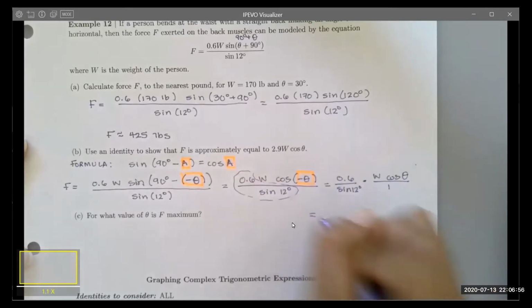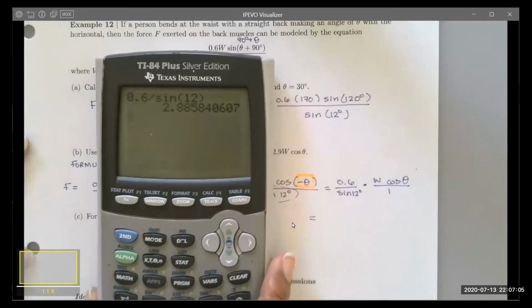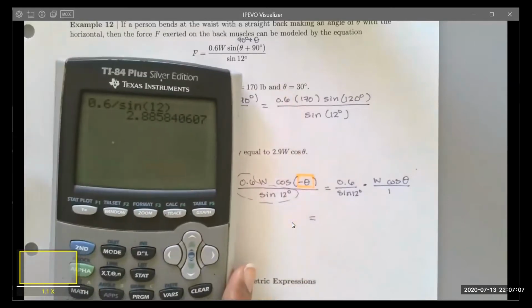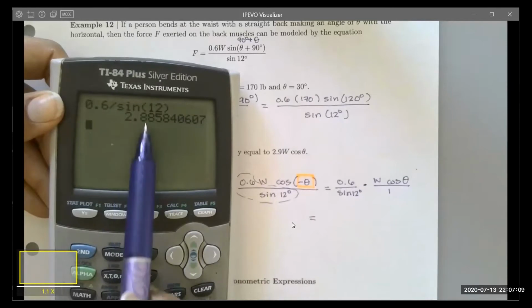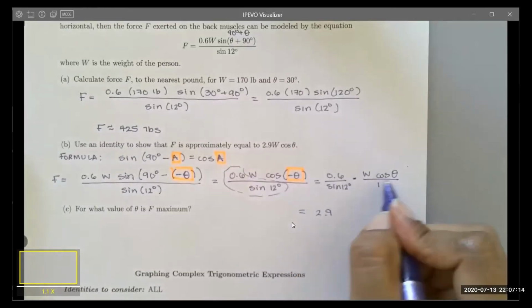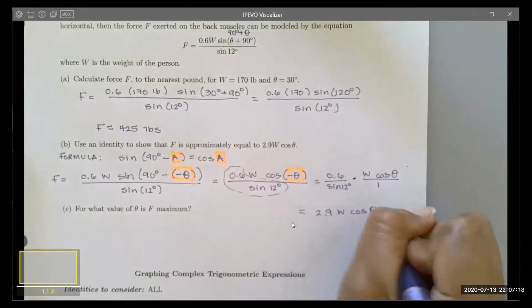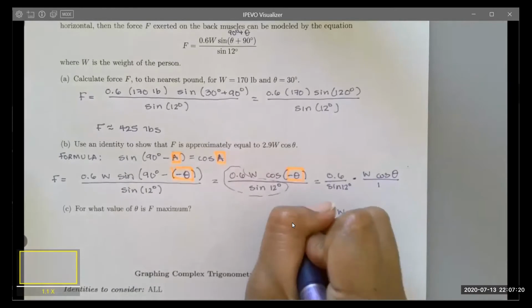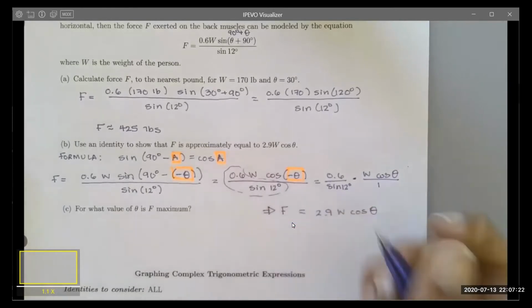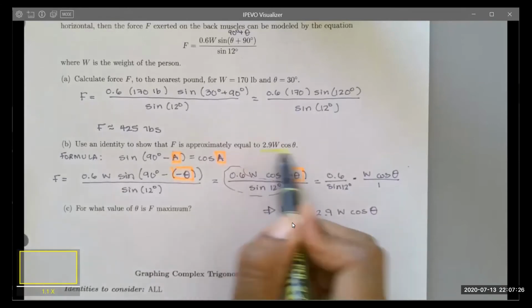So from there, let's punch it into the calculator: 0.6 divided by sine of 12 degrees is approximately 2.9, if we round to the nearest tenth place. And then W times cosine theta over 1 is simply W cosine theta. So we made it to the goal of 2.9 W cosine theta.